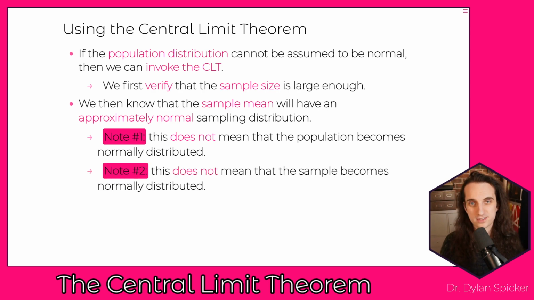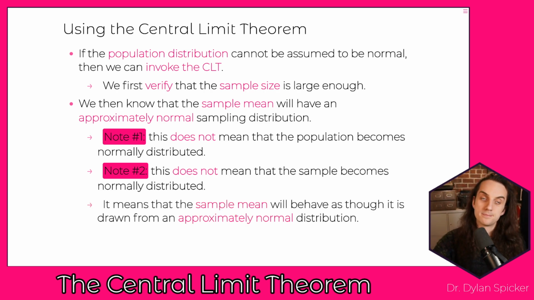The second point, which is related to the first, is that our sample also doesn't change its distribution, right? If we're thinking about our frequency distribution, that's not going to change either. Our sample is still coming from whatever the population is, and so it's still going to reflect whatever the population is. However, when you combine our whole sample together into the sample mean, that is the quantity that has its distribution changing, right?